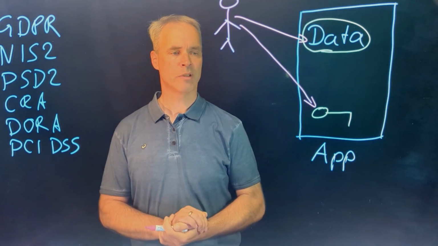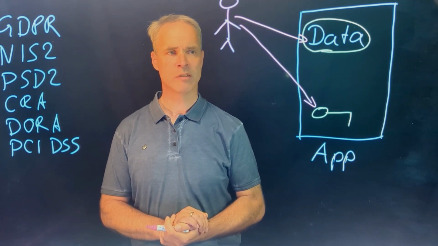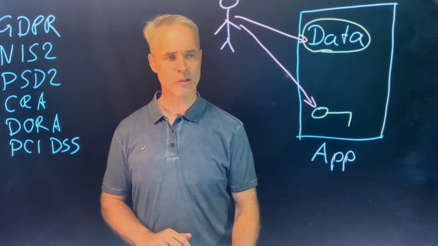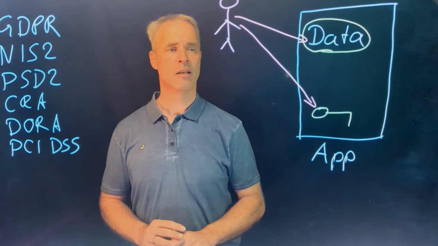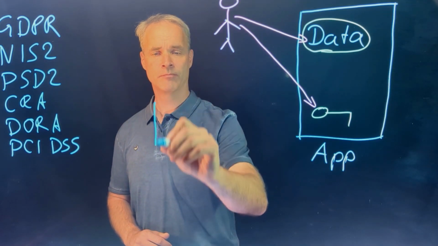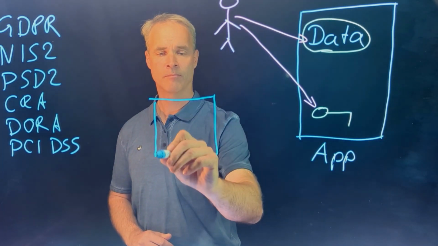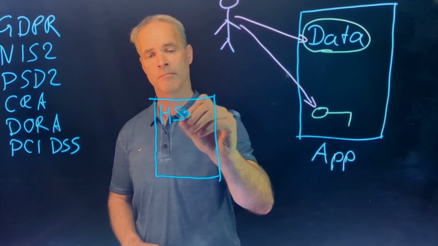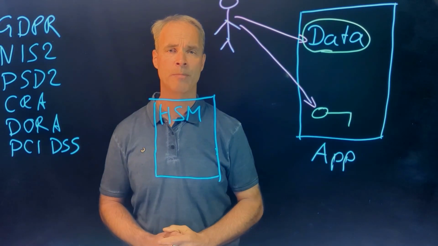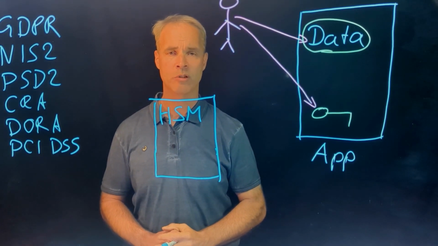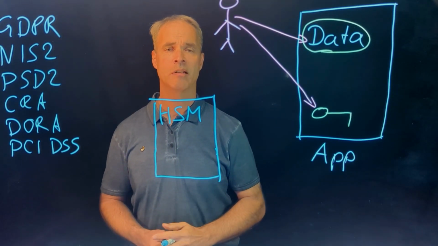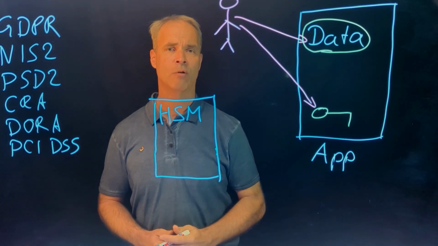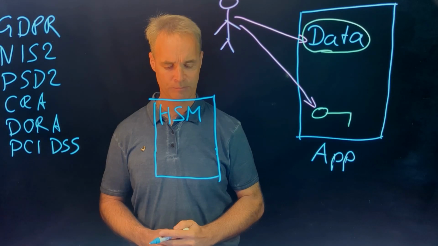So we need to improve this. How can we improve this? Because this is really a major security gap. What we can do is that we add an HSM. HSM stands for Hardware Security Module, and this is a tamper-evident hardware device which is built for protecting your cryptographic keys.